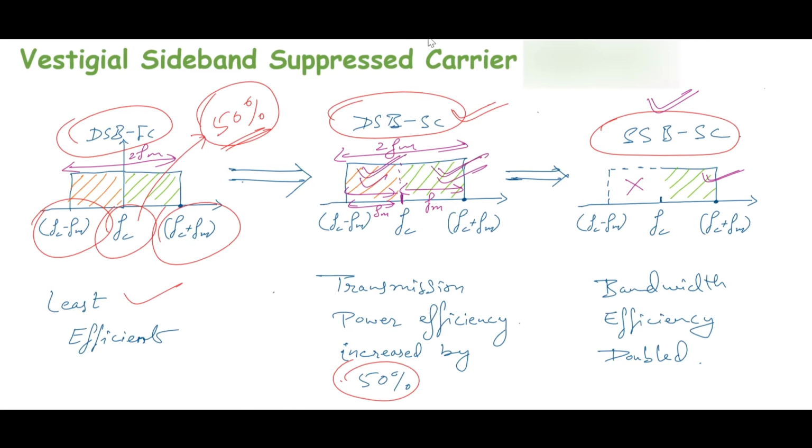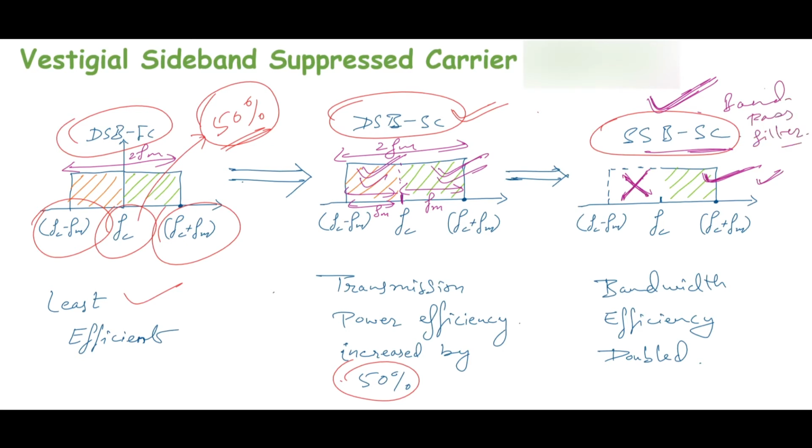So this idea resulted in a new AM modulation technique, that is SSB-SC, in which we are going to transmit only one sideband and will attenuate the other sideband. In this particular spectrum we have upper sideband transmission and the lower sideband is being attenuated, and this we know can be achieved by using a band pass filter.